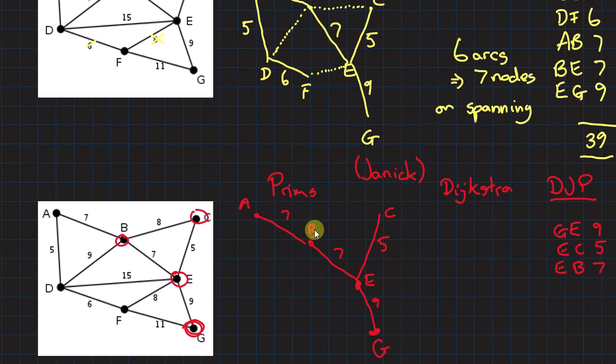Or BA for 7. Keep growing it on. So now I'm coming round to go A to D for 5. And finally, last one to connect to, trying to get to F, the cheapest way to get to F is D. So D goes to F with a 6.